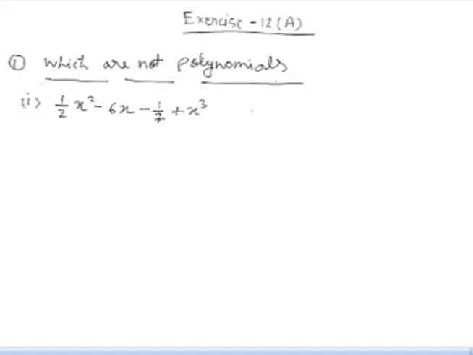So it is a polynomial. And the second is 10p square plus 7 by p minus 2. Here the variable is p, the power is 2, but here p is in a fraction. So the power of p is negative here, so it is not a polynomial.